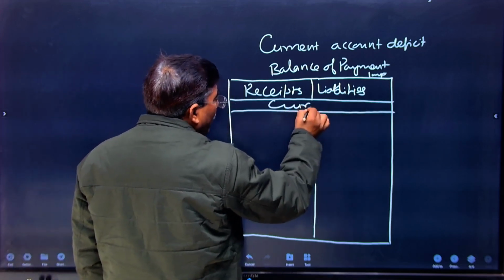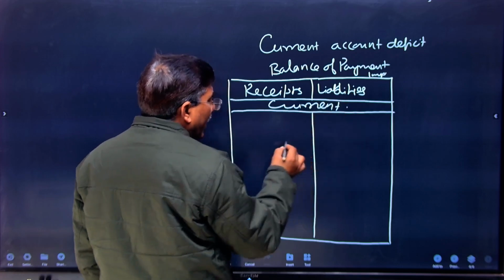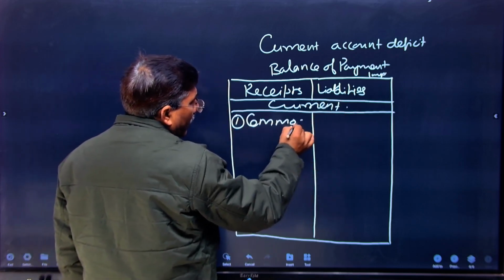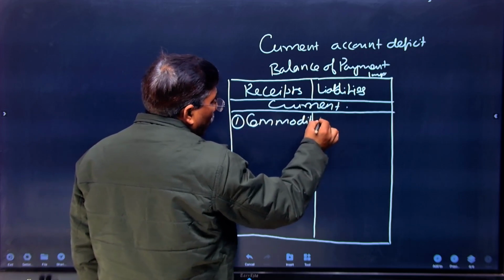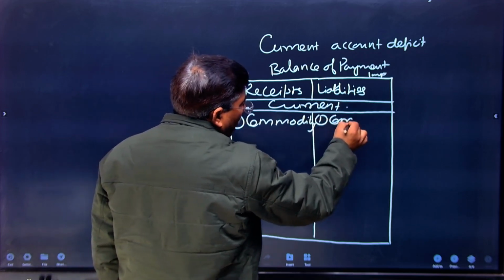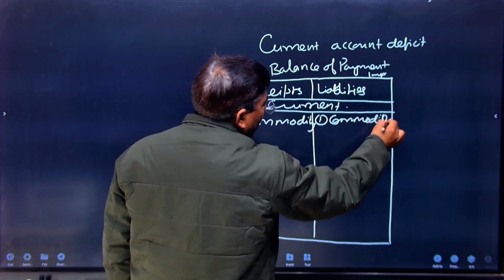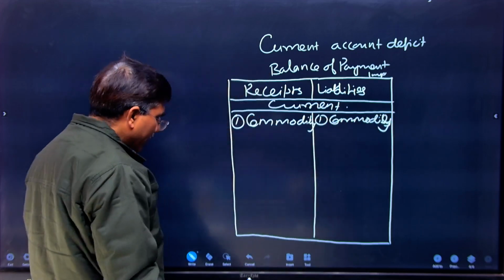The current account deals in three items, export and import. Number one is commodities, or goods: export of commodities and import of commodities. The point is clear.